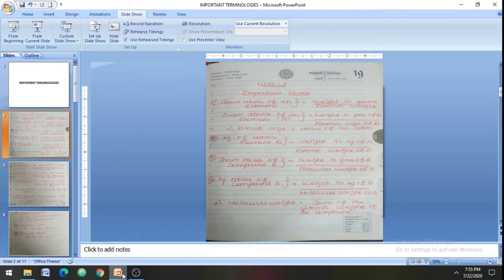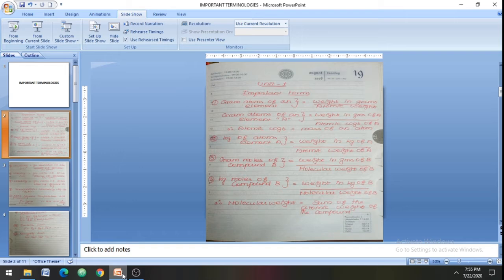Carbon is 1 kilomole, oxygen is 2 kilomole. Carbon atomic weight is 12, oxygen atomic weight is 16. 12 plus 2 times 16 is equal to 32 plus 12, which is 44. This is the molecular weight of carbon dioxide.